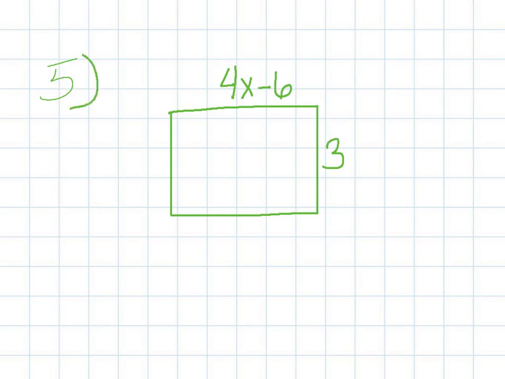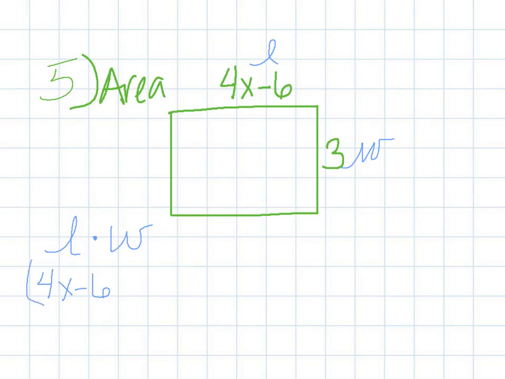And if question 5 asks you to find the area of our rectangle, we know that to find area, we do length times width. And we can label our picture. Here's our length. Here's our width. So if I'm doing length times width, my length is 4x minus 6, all of that whole side length, times 3.